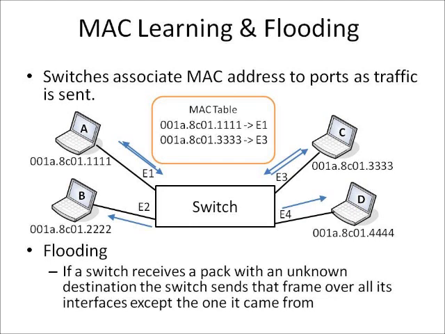So E2, E3, and E4 will receive the frame, and on top of that, their Ethernet network adapters will accept that frame and send it up to the operating system. So it's a little bit different than flooding. Flooding is receiving a unicast message that's not meant for me, so I drop it. But in this case, everybody's Ethernet card will accept a frame destined for all Fs.